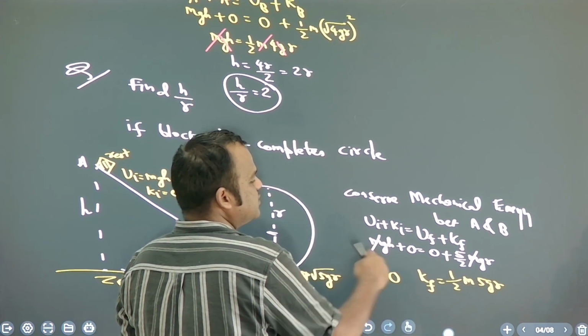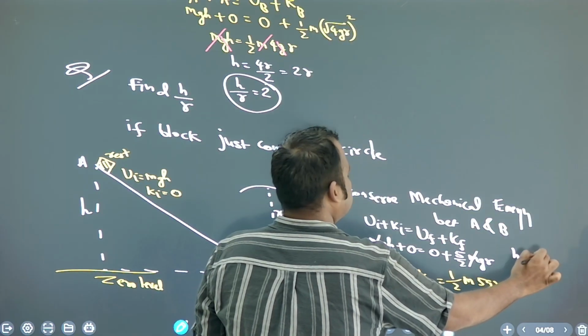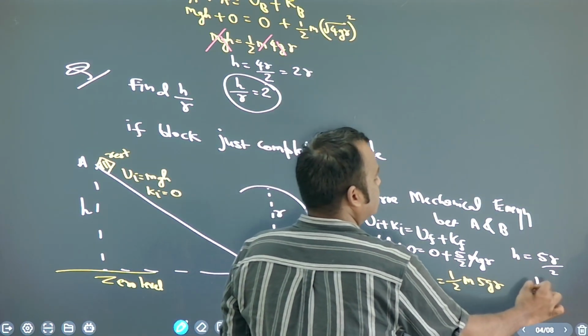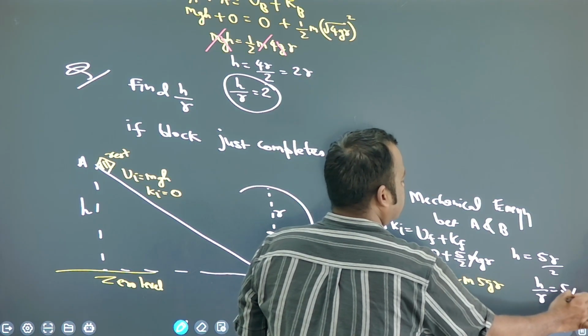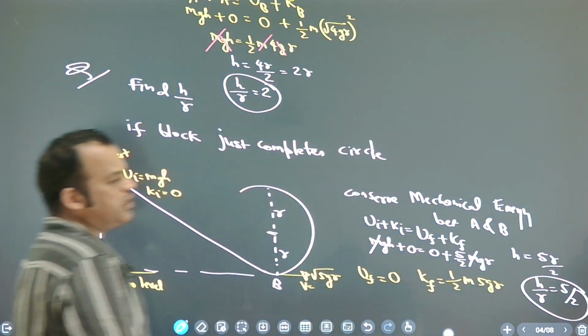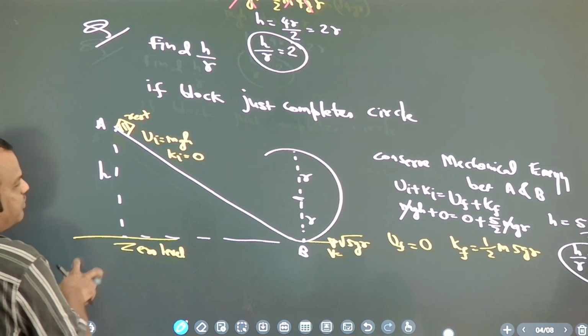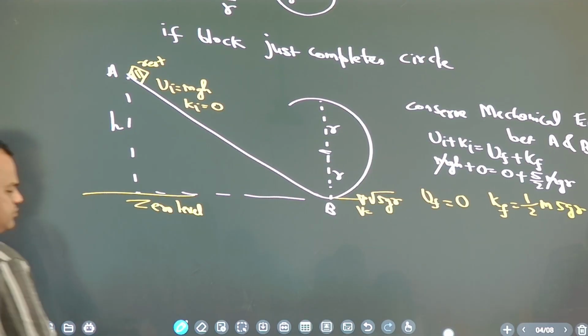So g cancels. So h is equal to 5r by 2. This is the answer. h by r is equal to 5 by 2. Okay, clear? Understood? Okay, fine. So note down.